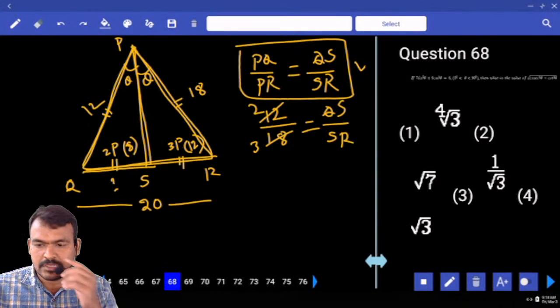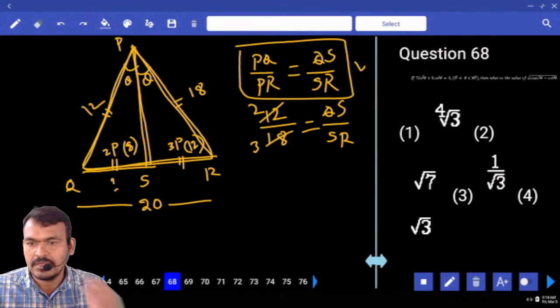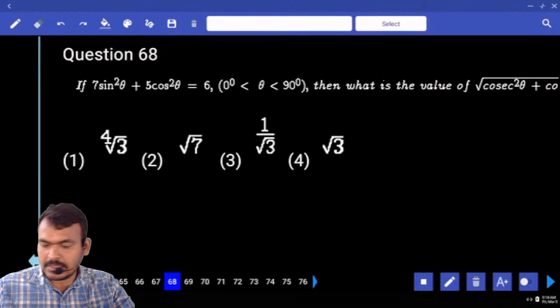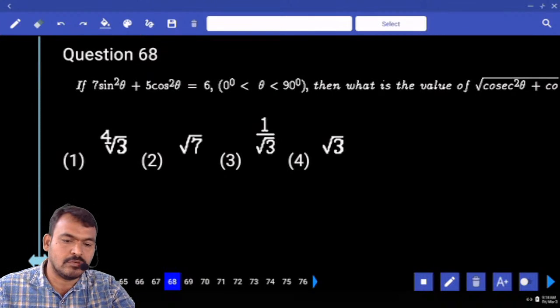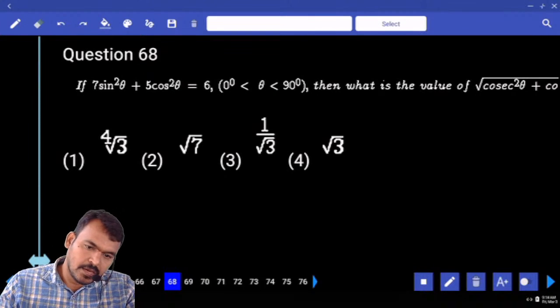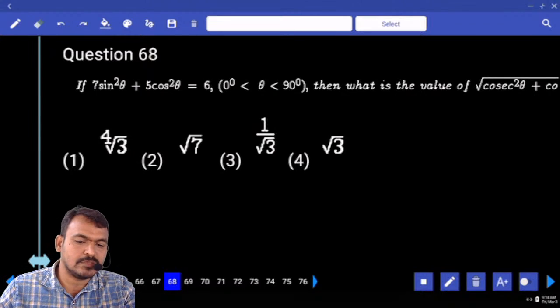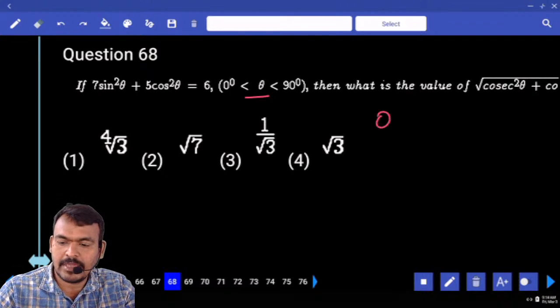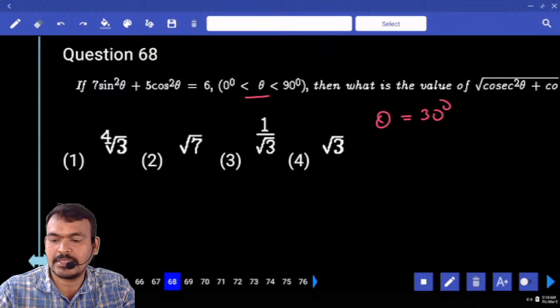Next, question number 68. 7 sin square theta plus 5 cos square theta is equal to 6, and theta is between 0 and 90. Substitute the theta value 30.